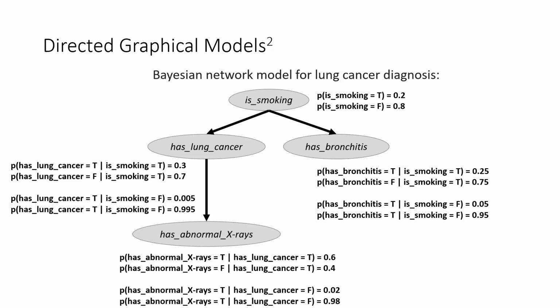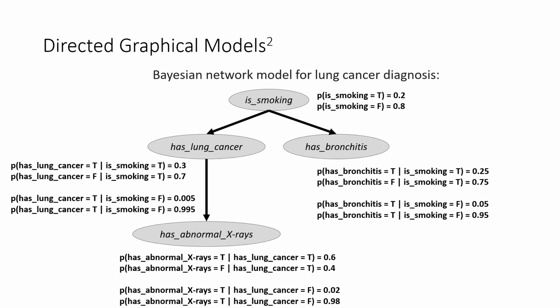For this, I used a very simple example where we have 4 different variables. For a person, we define whether the person is smoking, whether the person has cancer, whether the person has bronchitis, and whether the person, when they do X-rays, has abnormal X-rays, meaning they're not a healthy person.